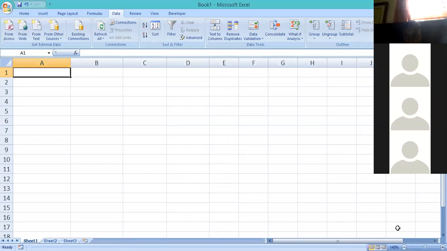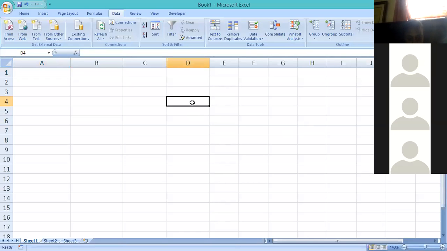Rows go across and columns go down. All right, very good. Thank you. That was Alia? Okay. So rows go across, columns go down. Next one. What is a cell? A cell is where the row and the column meet to form a box. Very good. So it's these rectangular boxes.